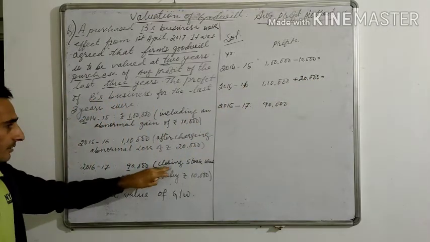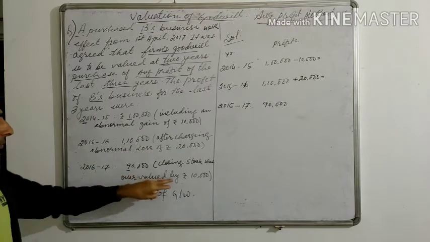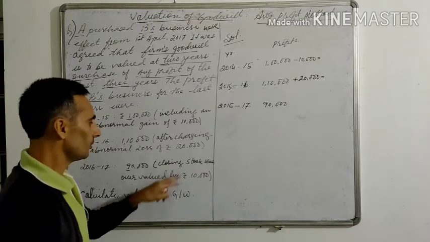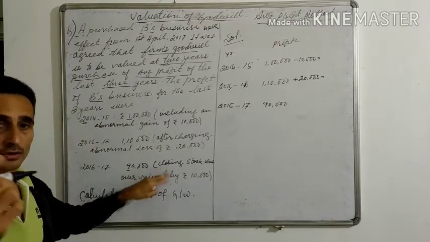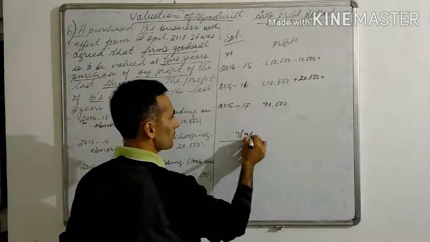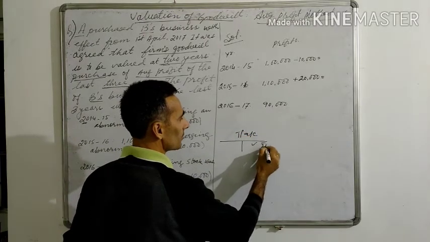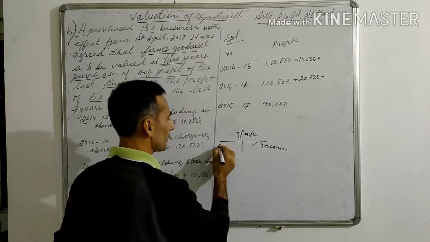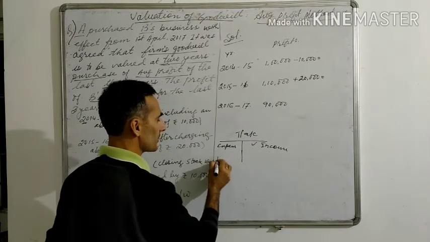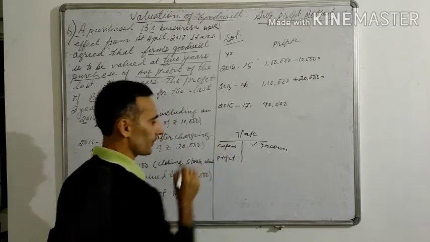Then comes the closing stock. Now what to do with this 10,000, whether plus or minus, let's check. Closing stock is an item of the trading account. Let's say this is a trading account. On this side you saw the income, and on this side you saw the expenses, and income minus expenses will give you the profit.